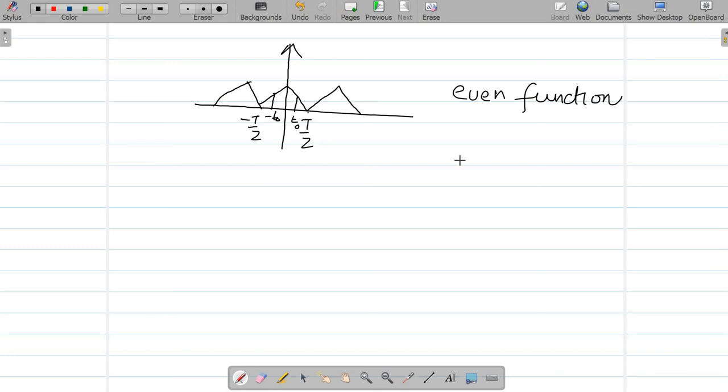Now it has certain characteristics. Let this be x of t. Now if you flip this wave along the y-axis, that is, find the mirror image of it, you will find that the mirror image will be exactly the same as x of t.